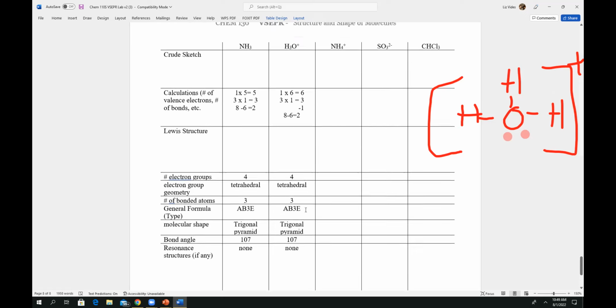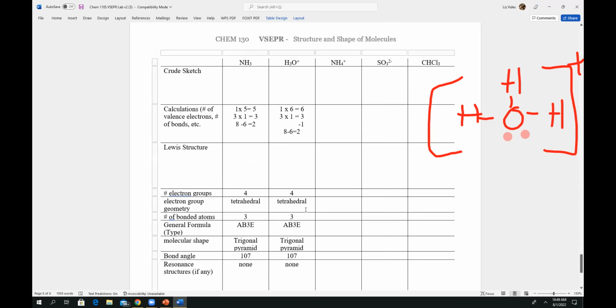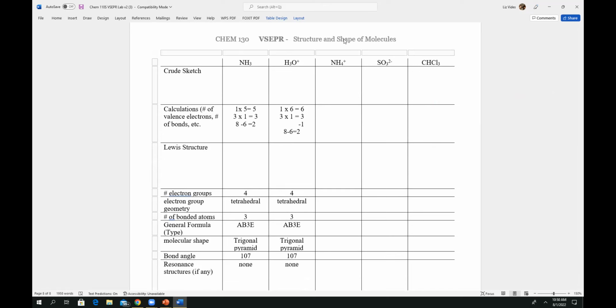Okay, now let's see NH4. Okay, so you just do the tallies. And that's basically all of those. We're not going to do every one of these, but I will do the last one. And I'm going to clear that. And we're going to do the math first. Okay, well, no, not the math, but the crude sketch.